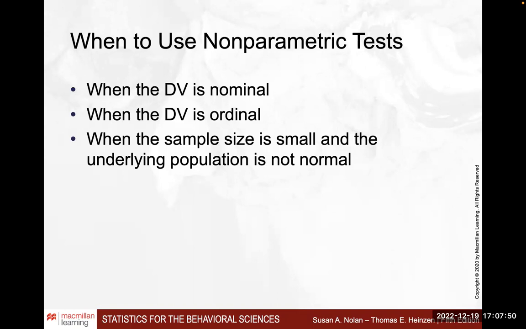The simplest form of that we will discuss now in our goodness of fit analysis that we will do first, and then we'll do a classical test for association with chi-squared. You use this when the dependent variable is a categorical variable, or when the sample size is small and the population is not normal.